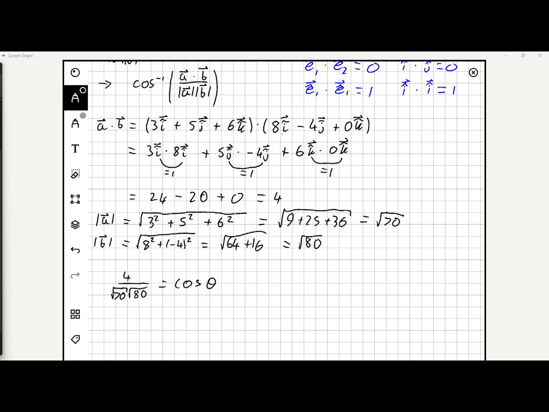I'm going to need my calculator for this one. So after doing all of that, we make sure we're in degrees, although the question didn't state it, but let's just say we're in degrees.